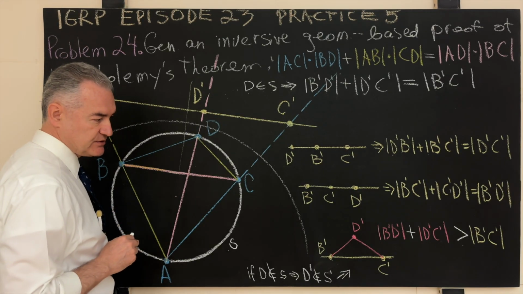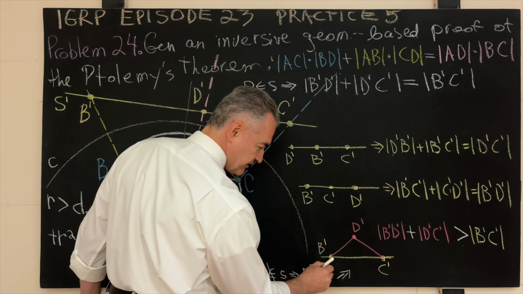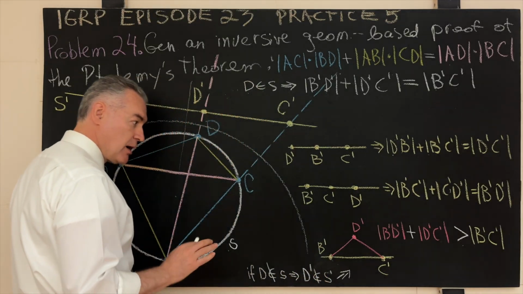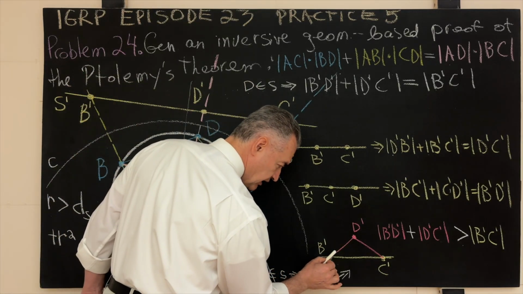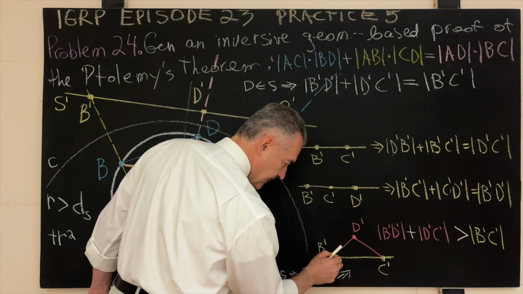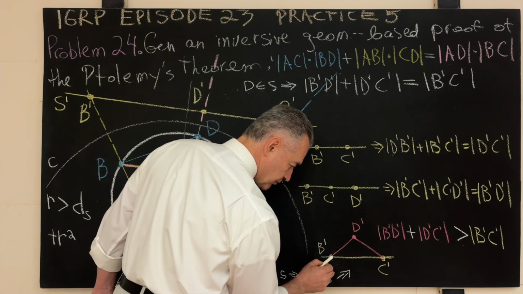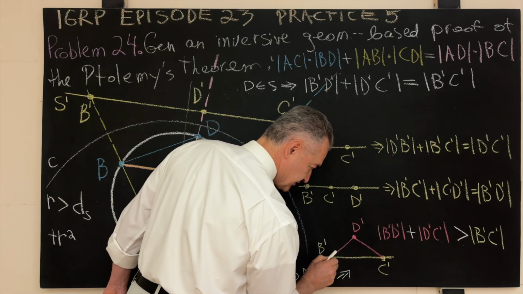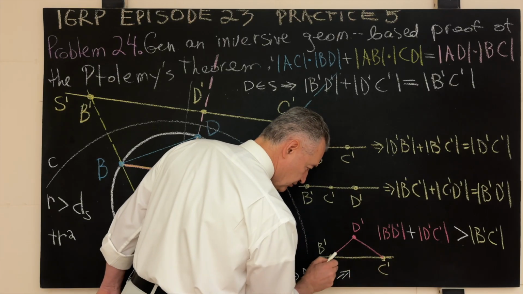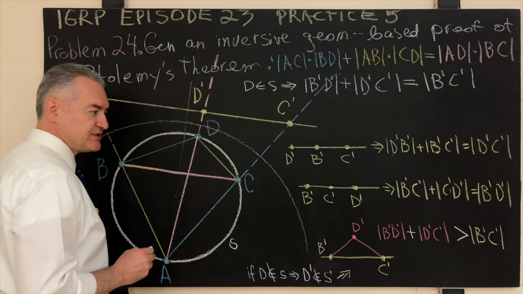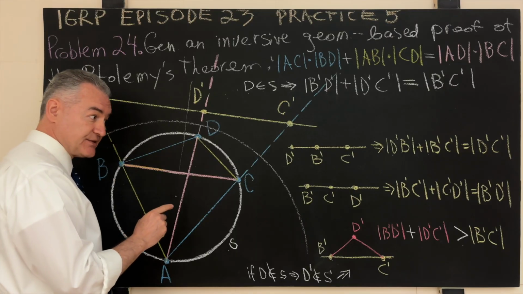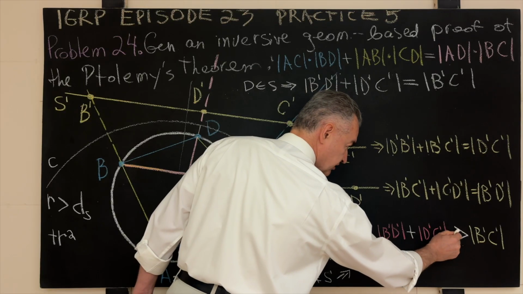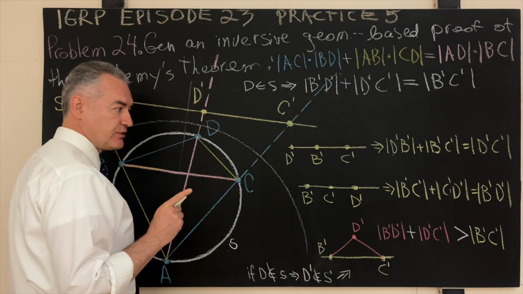And in this case, one more time, the path that runs from the point B prime to the point C prime is continuous. It is a polygonal line, but we do not skip a bit, we do not miss any points in the plane. We travel from the point B prime to the point D prime, from the point D prime to the point C prime. This is a continuous set of points, but the sum of these distances will never be exactly equal to it. It will be strictly larger. That is the important bit.